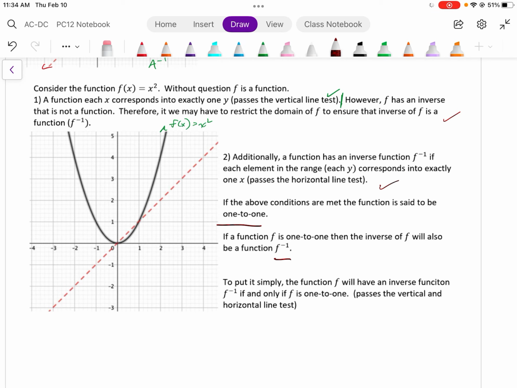To put it simply, the function f will have an inverse function if and only if f is one-to-one. So "if and only if" is kind of an important math statement. If f is a one-to-one function, then it will have an inverse, and if f has an inverse, then it must be a one-to-one function.